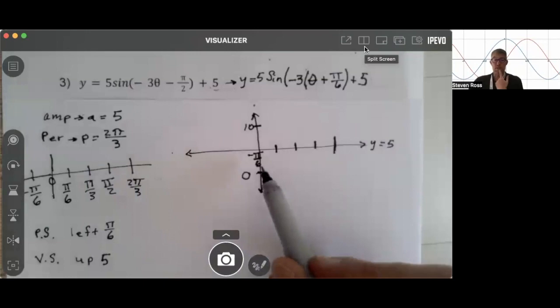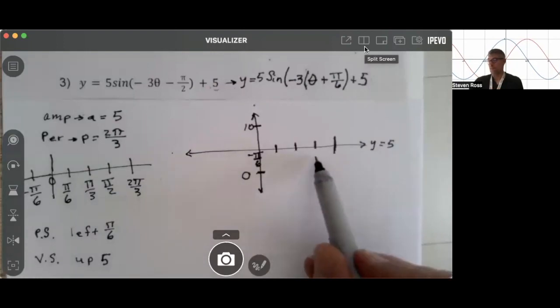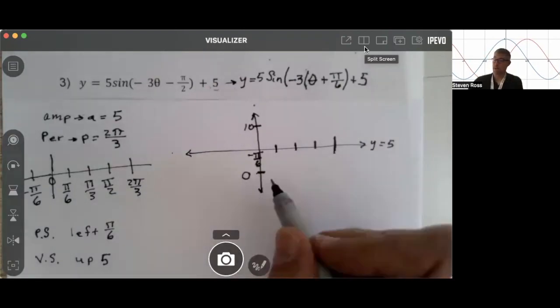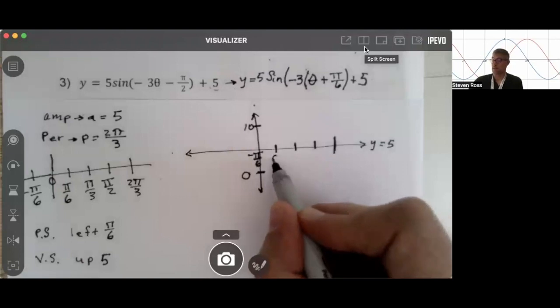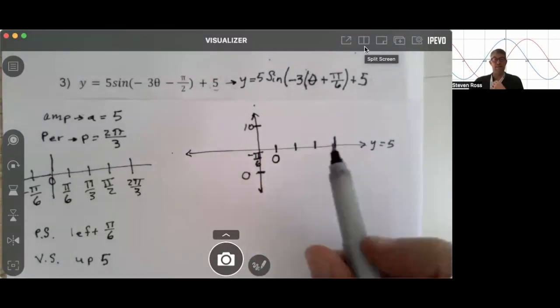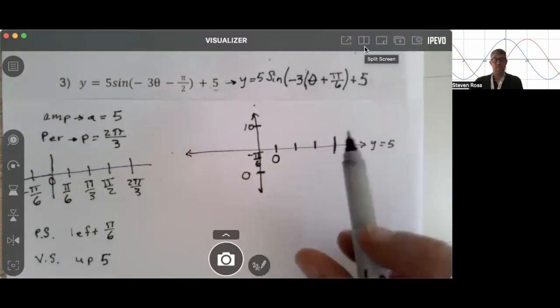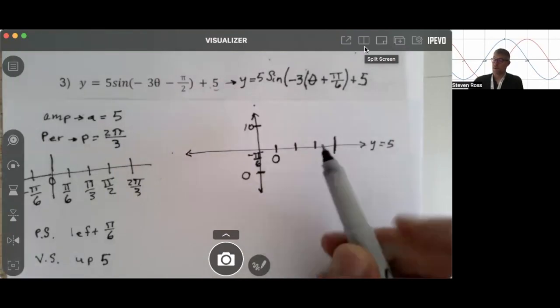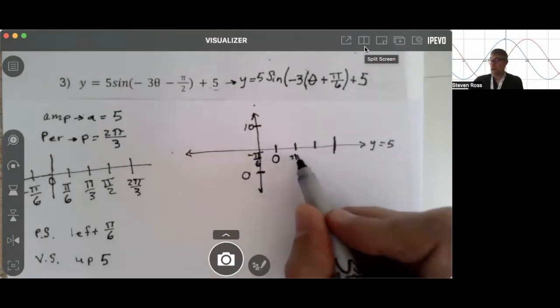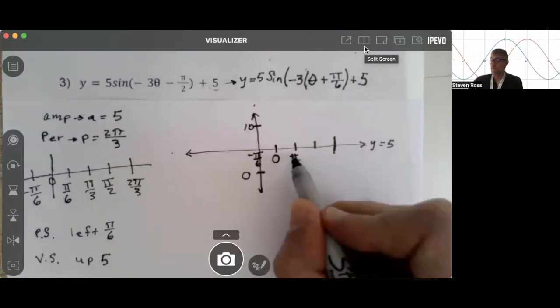So I'm actually starting at pi over 6 to the left, and what I'm going to do is add a pi over 6 each time. Well, what that means is I add a pi over 6 to a negative pi over 6, and I get a 0. And 0 plus pi over 6 gives me, for this hash mark, pi over 6.